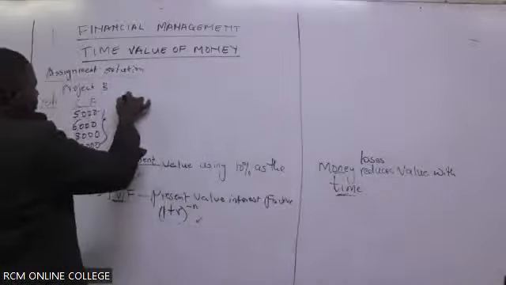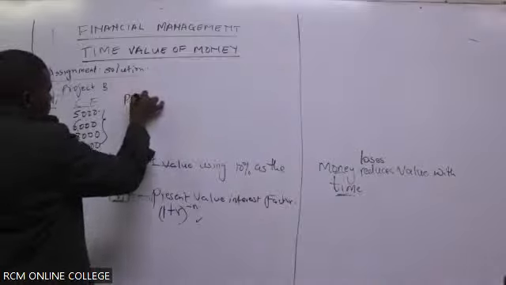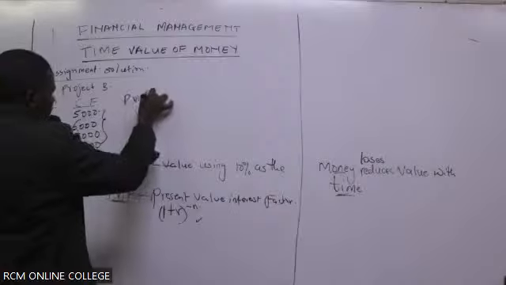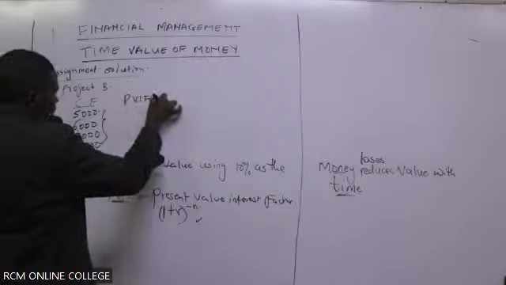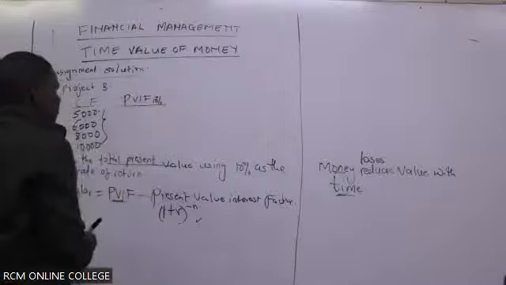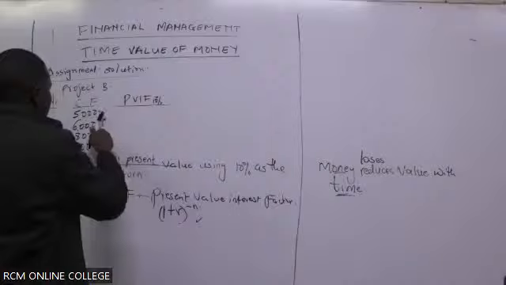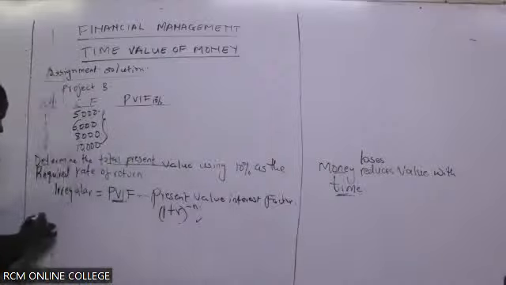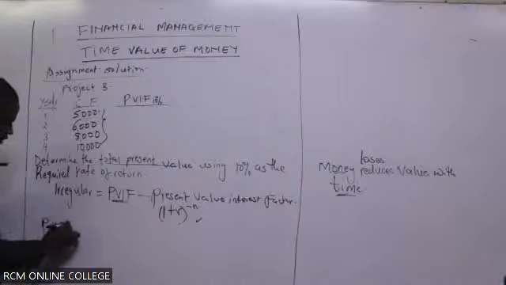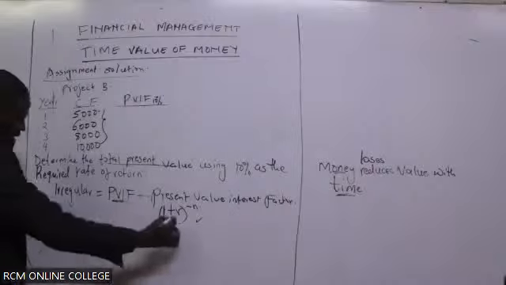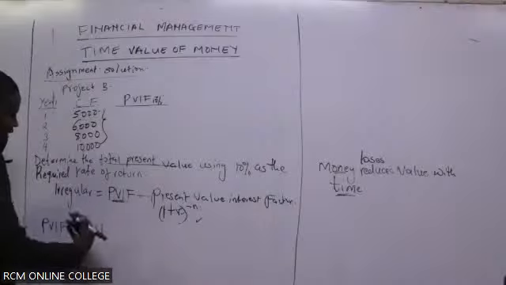So in this case, if I want to discount this, I'm using 10%. The first thing I need to get is the PV of the first year. So it will be 1 plus 0.1, that is my R. Remember, R is the required rate of return.